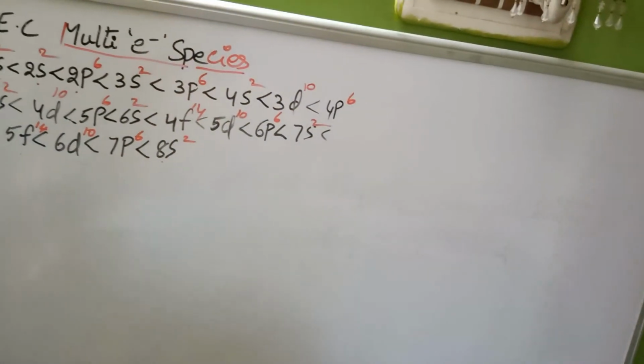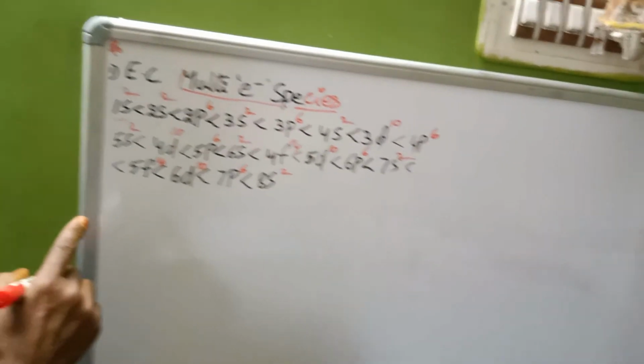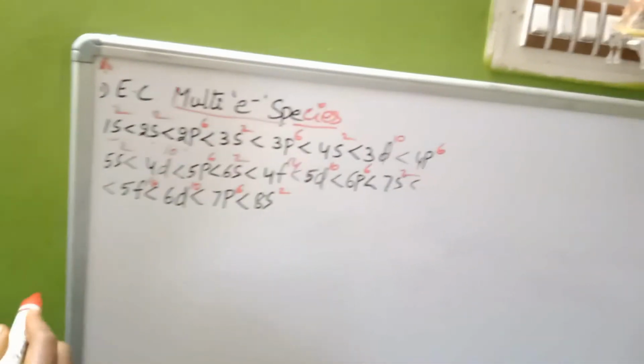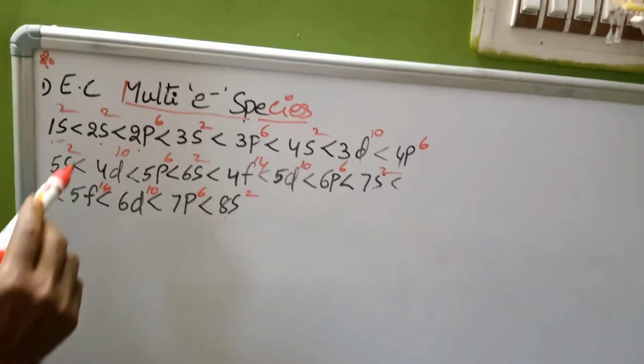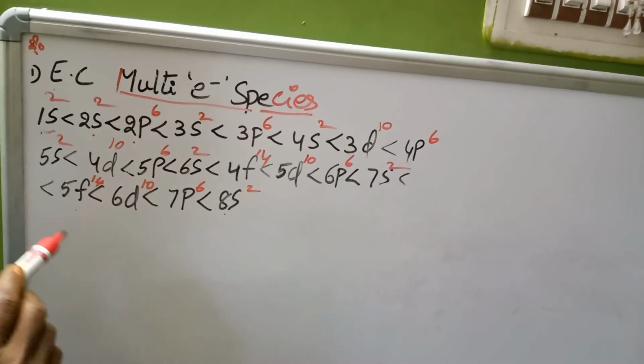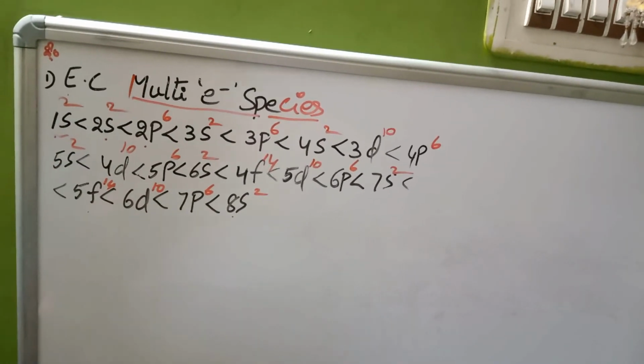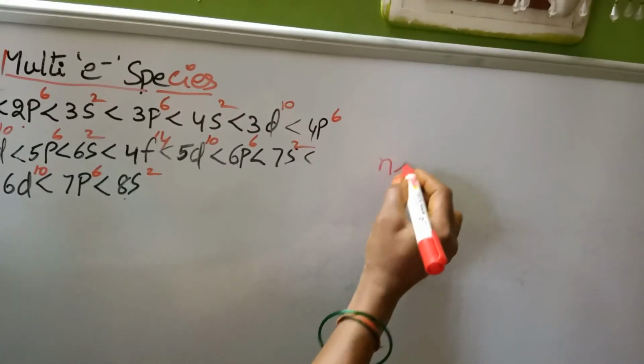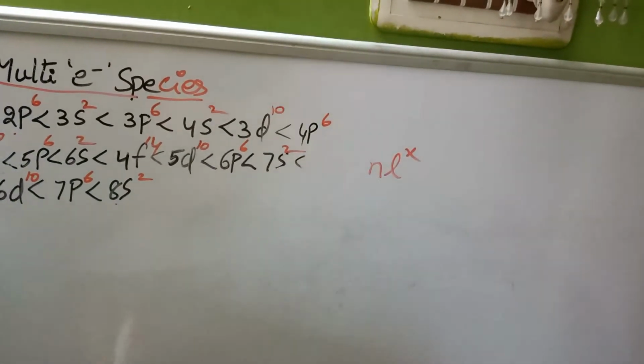Multi-electron species means if the element has more than one electron, we call that a multi-electron species. They have more electrons. How to fill the electrons in different atomic orbitals, we are going to learn. Here they follow the nlx method.